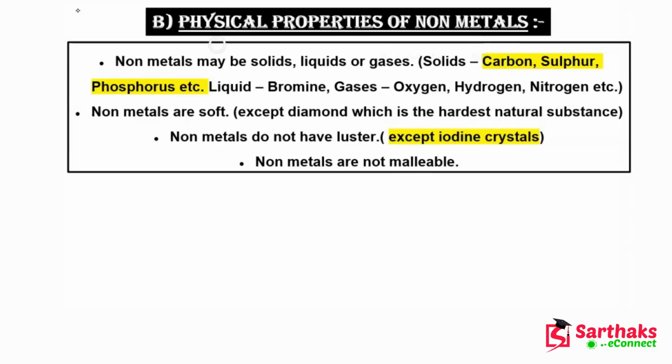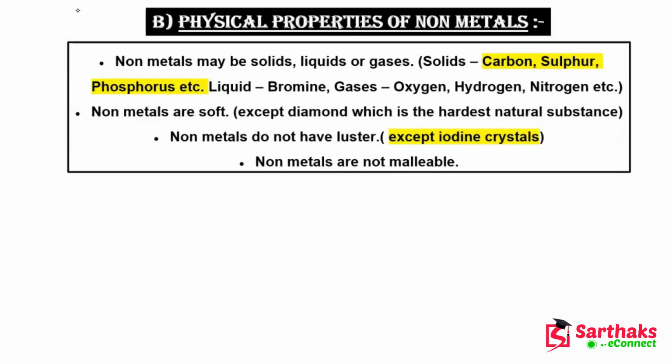So first of all, we will talk about the state of non-metals. Basically, guys, non-metals can be found in any of the states. They can be solid, liquid, or gas. And there are some examples as well.